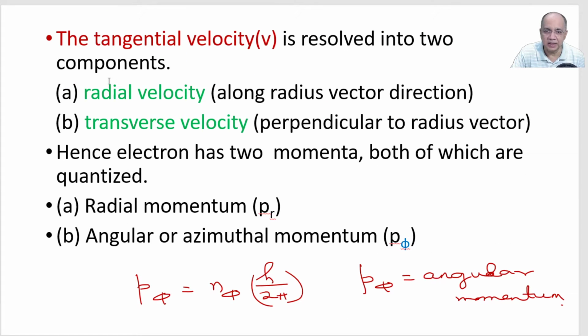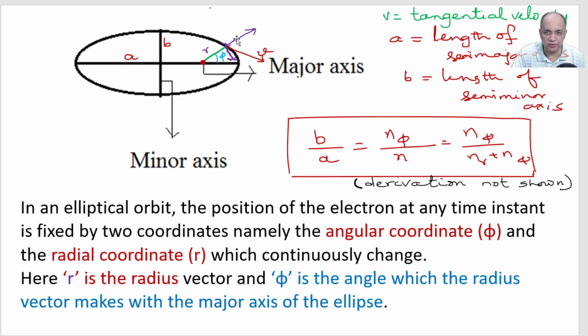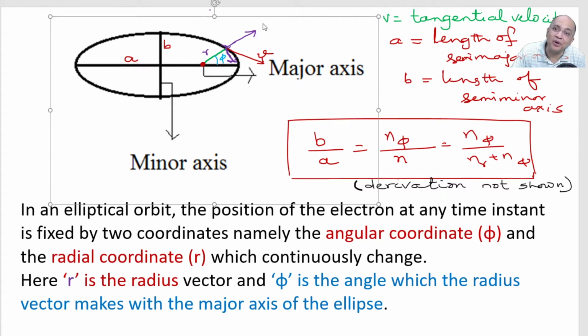I mean this radial velocity. The component of the main vector, the tangential vector, along the direction of the radius. This is the radius vector. This is the radial velocity. This is the transverse velocity. The radial velocity corresponding to that is radial momentum. It can be 0 also. And corresponding to radial momentum is the radial quantum number.